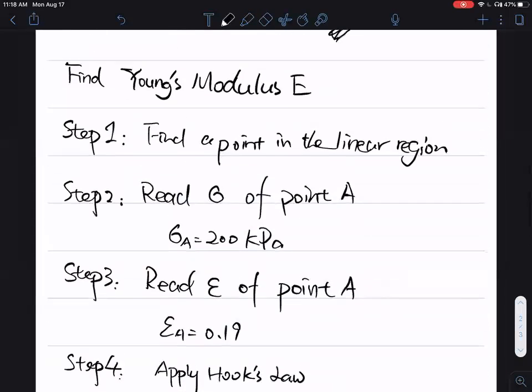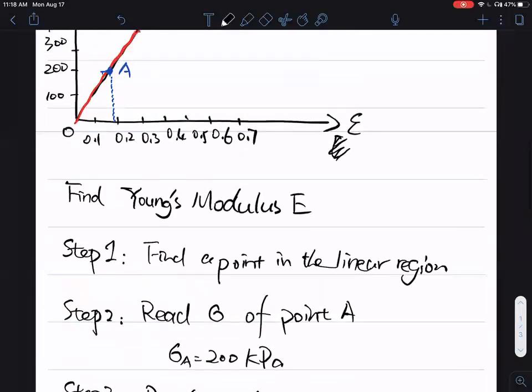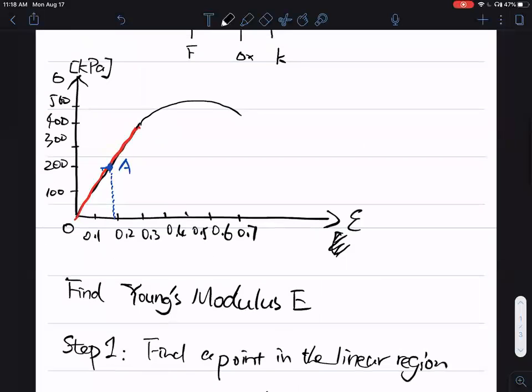And those are the four steps you can use if you have a stress strain diagram to find Young's modulus. Just keep in mind, you can only find the information about Young's modulus inside the linear region. You can put that down in your notes. Only the linear region tells you the information about Young's modulus. You cannot pick a point outside the linear region.